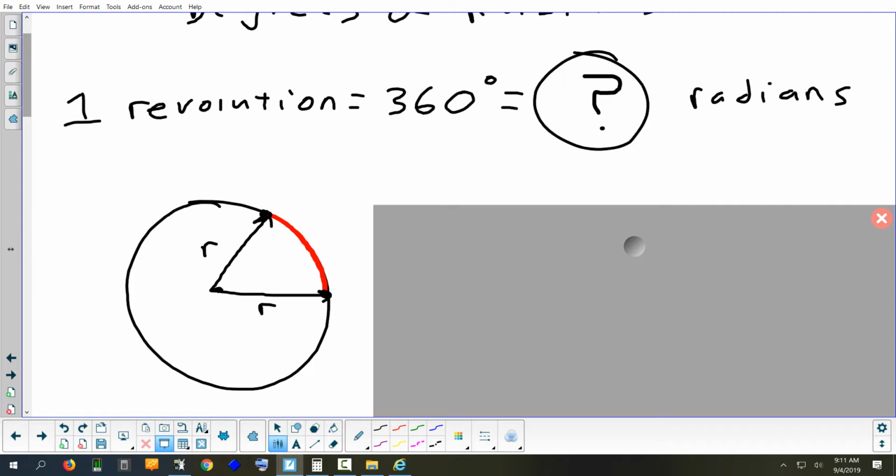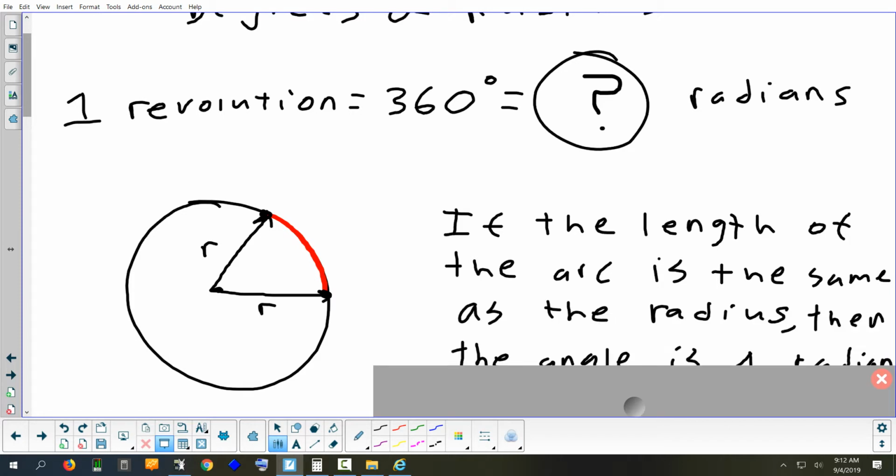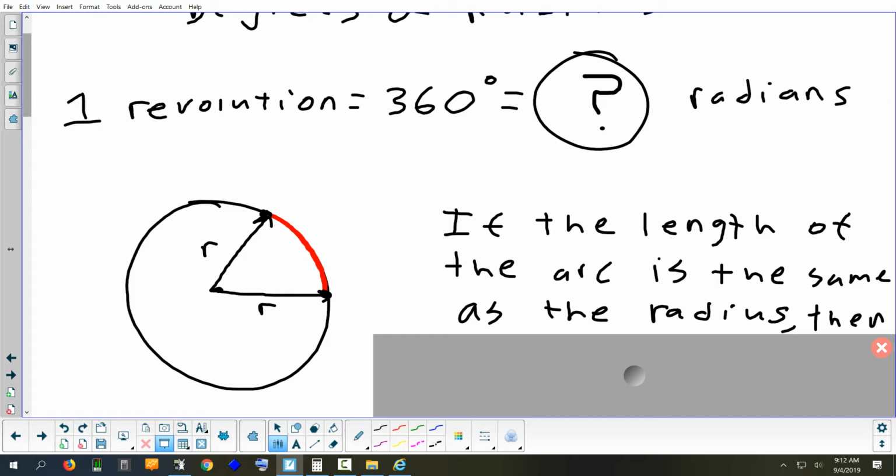R stands for the length of each side of the angle, the terminal and the initial side. And since the vertex is right at the center of the circle, any line drawn from the center to the edge of the circle, that's the definition of the radius. So, if the length of that arc in red came out exactly the same as the length of the radius.